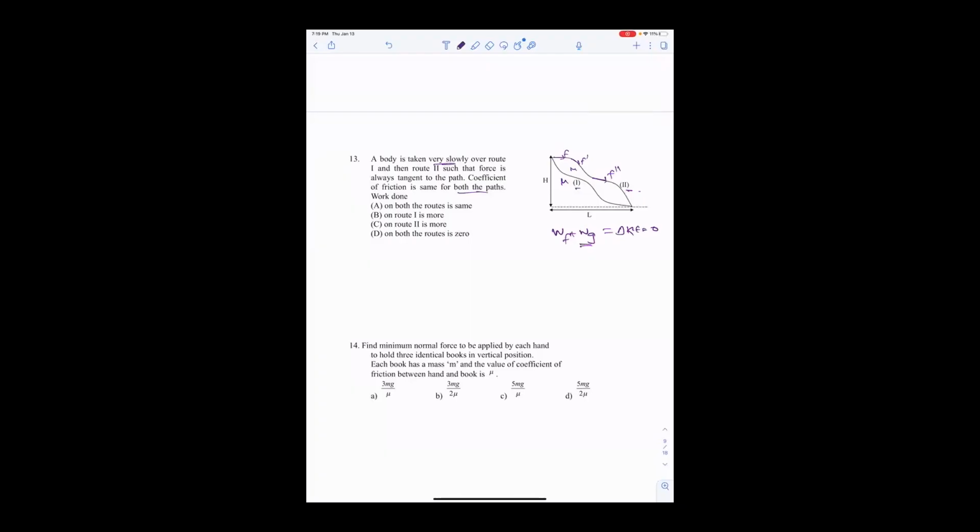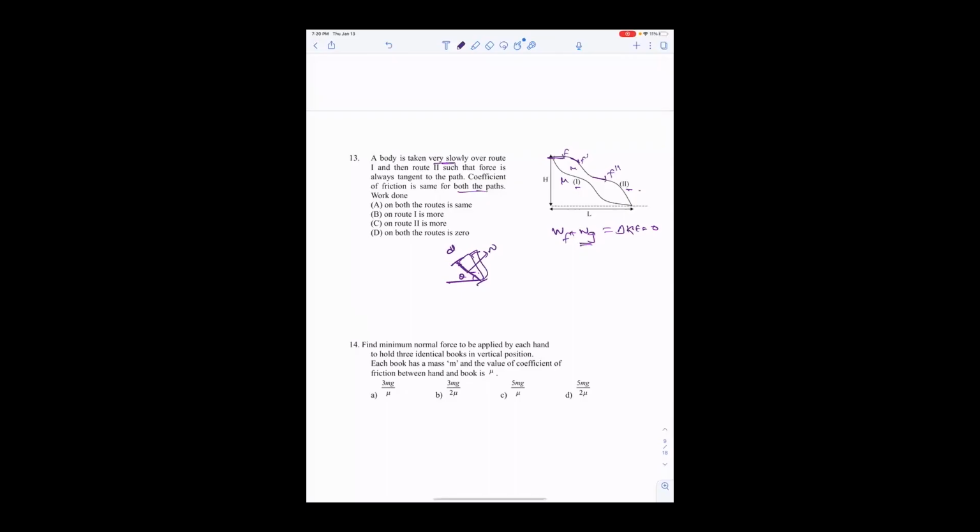If I take some random point on the loop, so I took a small length, this angle is theta. This theta is changing. Here it is 0, here it is increasing, then decreasing and all. Let the length of this be dl. Now frictional force will be upwards, as the block moves this way.